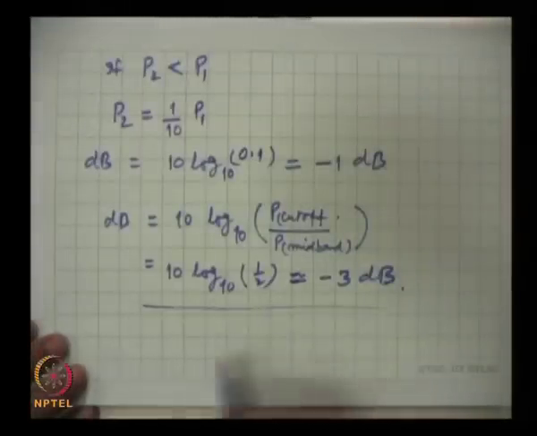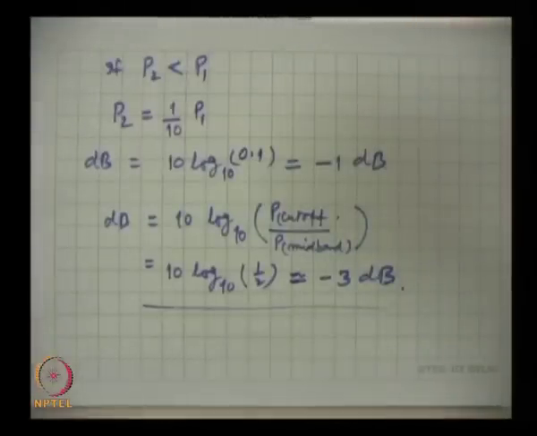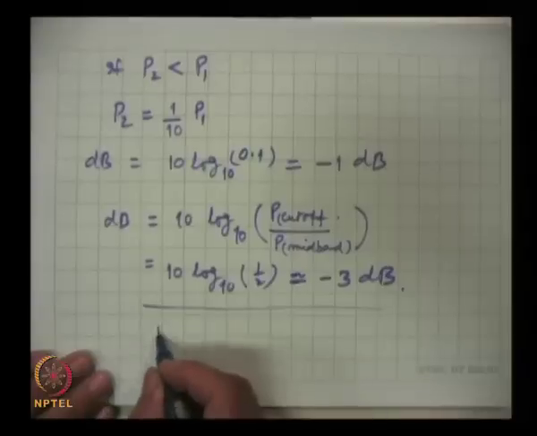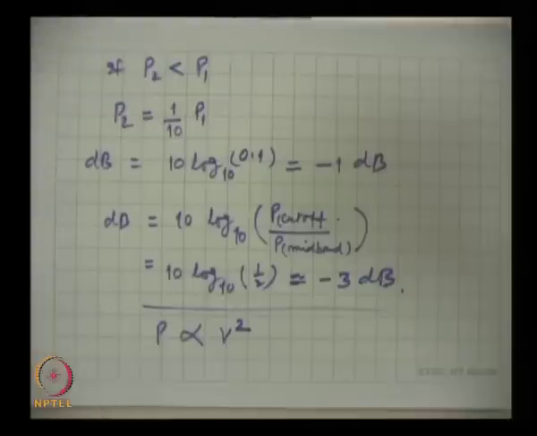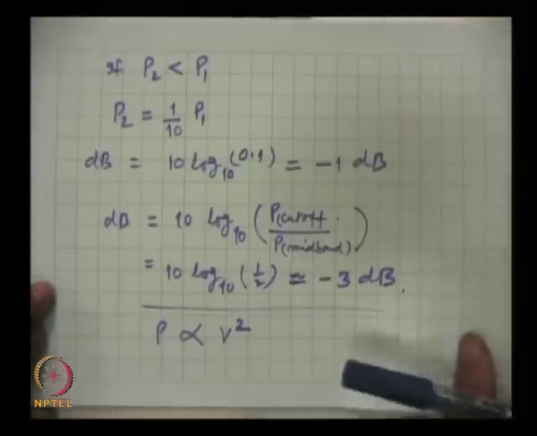So far we were talking in terms of powers, but as we know that power P is proportional to voltage square, we can talk in terms of voltages. How much is the fall in voltage or power gain, the voltage gain, this all we can discuss in terms of dBs.